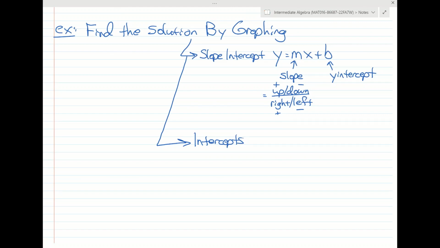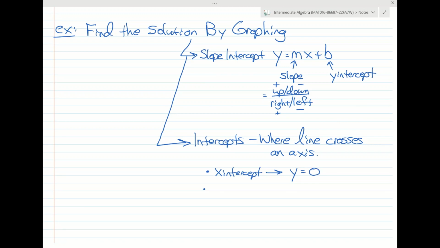An intercept is just where the line crosses an axis. The way we get an x-intercept is we make y equal to 0, and the way we get a y-intercept is we make x equal to 0.